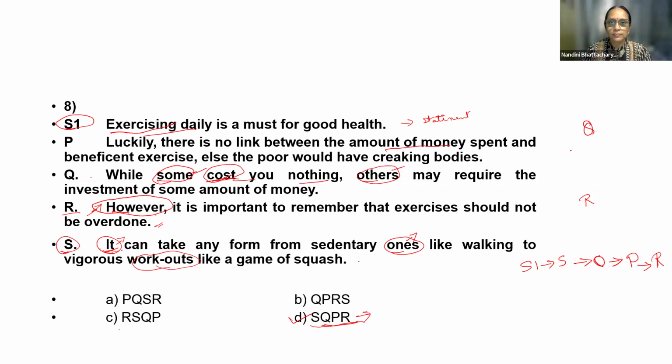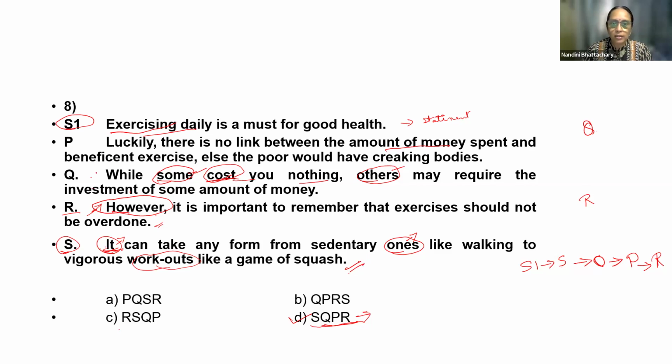Make sense? So what did you do? First, figure out what sentences link together, right? Any sentence that begins with a pronoun, you have to figure out what that pronoun is referring to, and it should be a clear reference. Once you have determined that, you can move on to the next sentence or the mandatory pair.